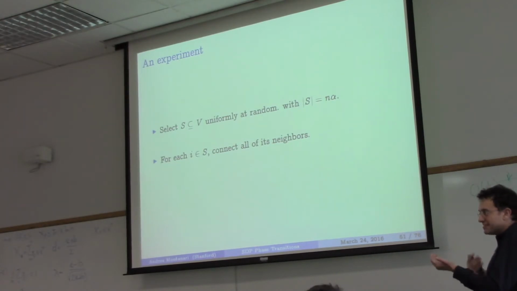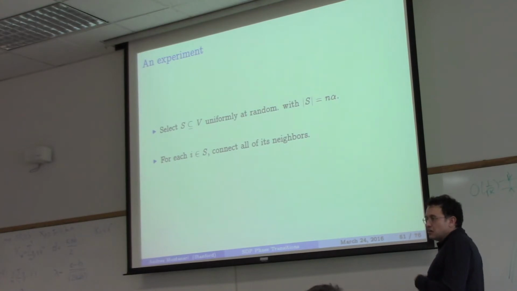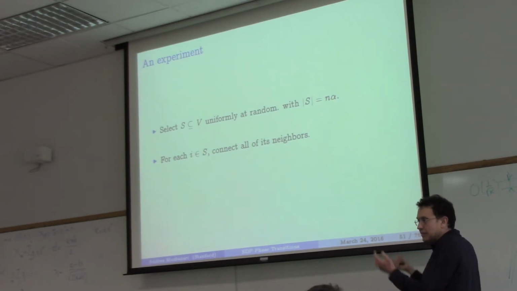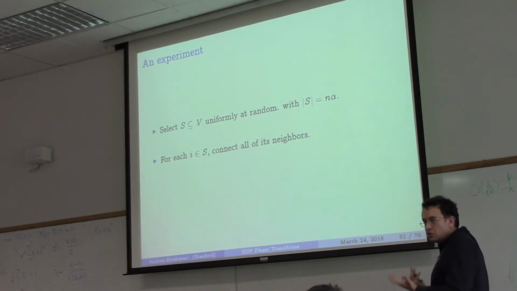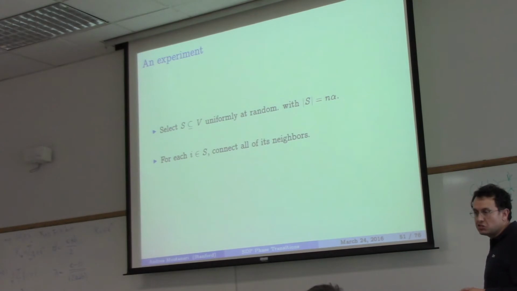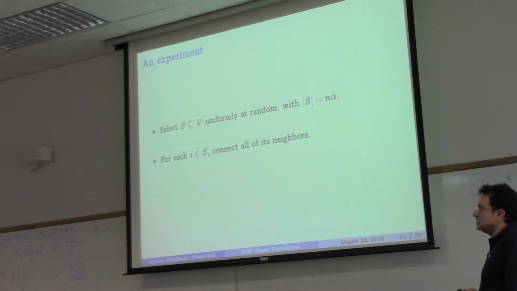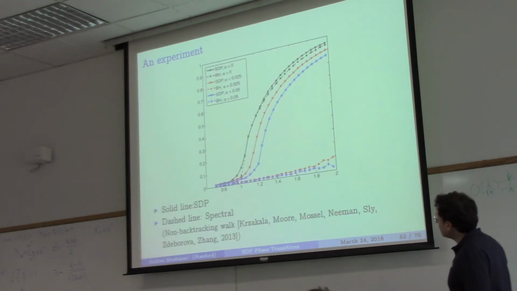This is something that makes sense if you think about the social network story, because my friends are more likely to be friends with each other than any two random persons. So real networks have many more triangles than these random graph models. So you take alpha vertices and connect their neighbors. Alpha is small.